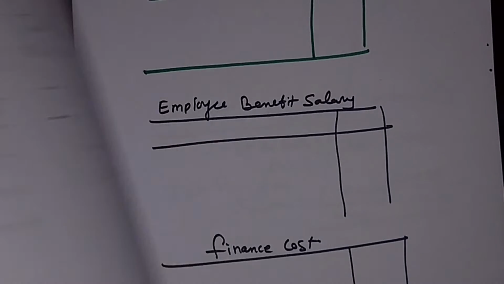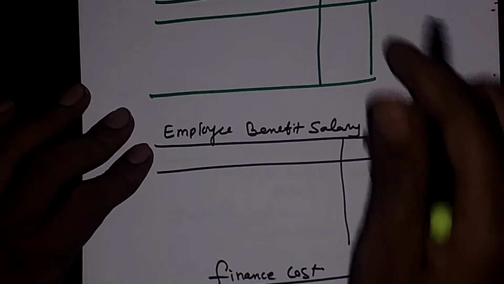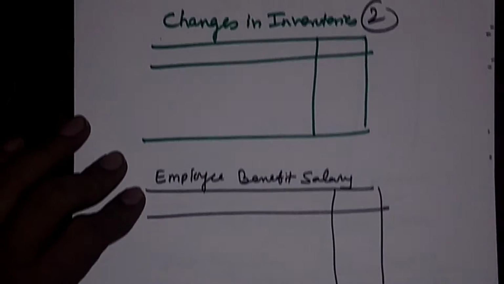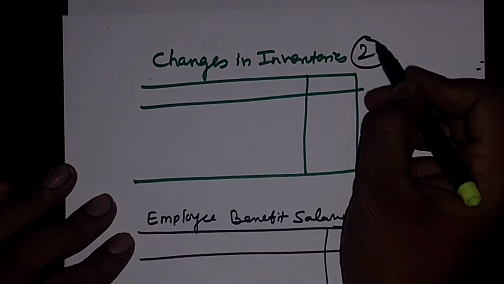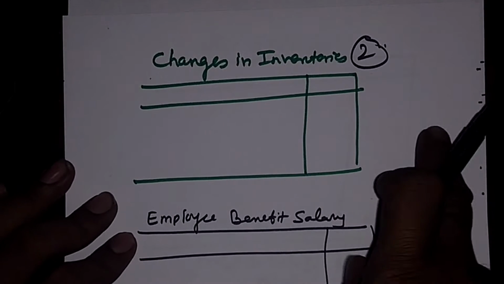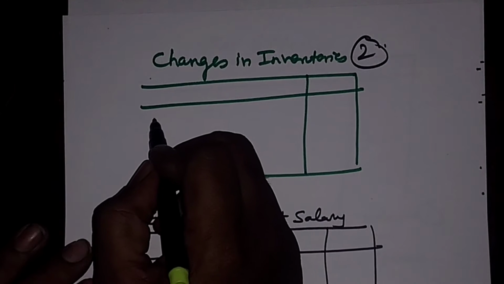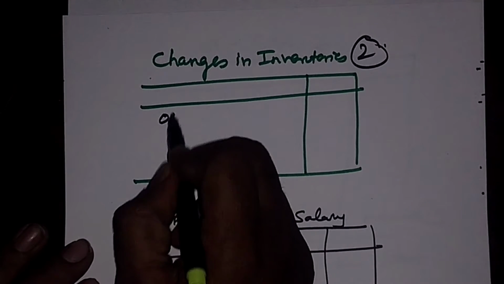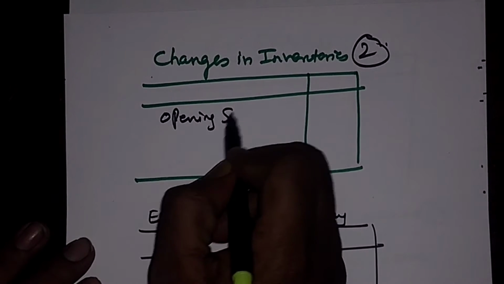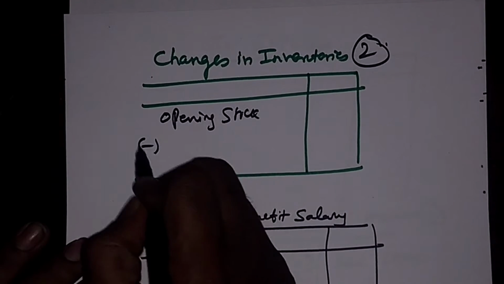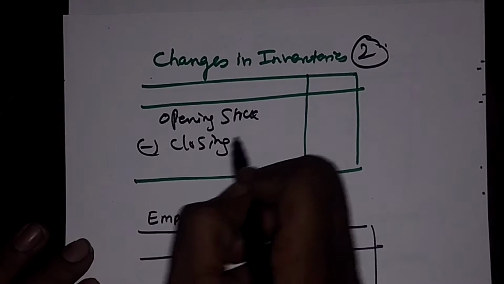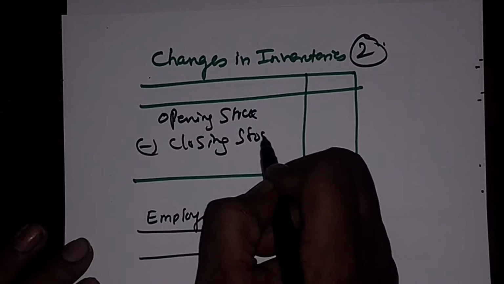Please see here. Changes in inventories. For example, I'll take it as note number 2. Why will I take it as note number 2? Because already note number 1 I have shown for other incomes. Now, changes in inventories refers to opening stock minus closing stock.